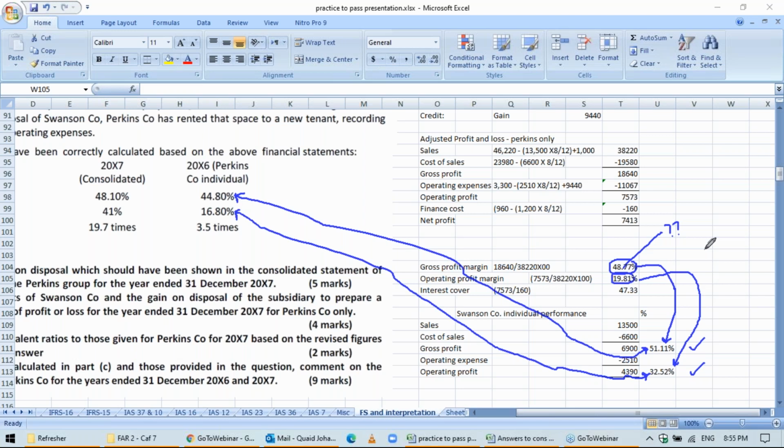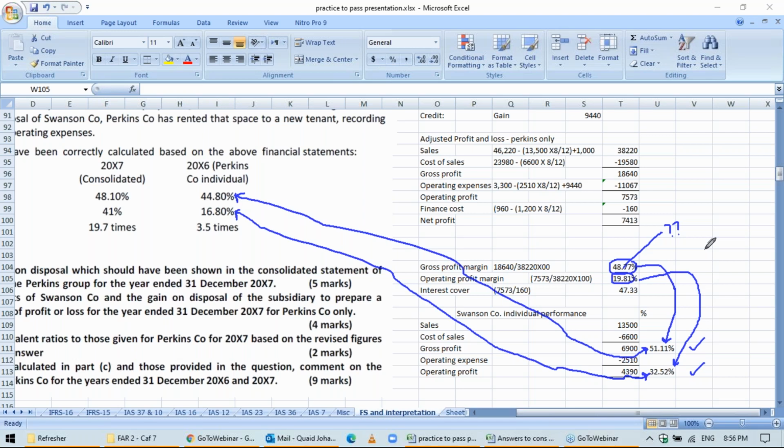So apparently it looks like Swanson's gross profit margins are high, but if the parent-subsidiary relationship wasn't there, Swanson's profit margin may not have been that high, right? And Perkins' gross profit margin would have been higher. Why? Because of selling at lower profit margins to Swanson, their profit margins are remaining low.